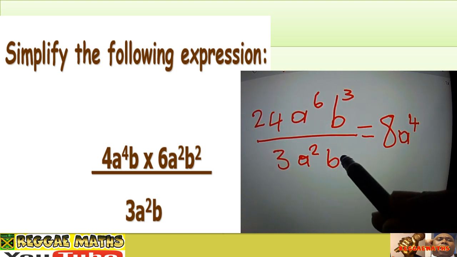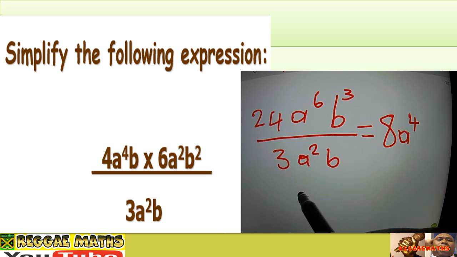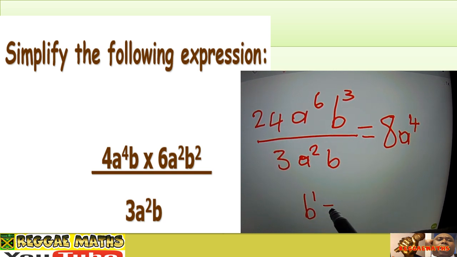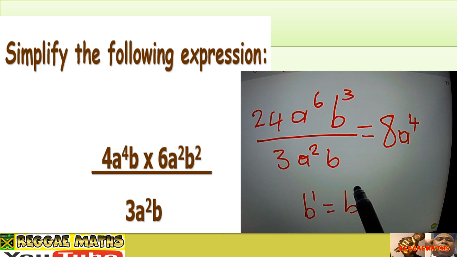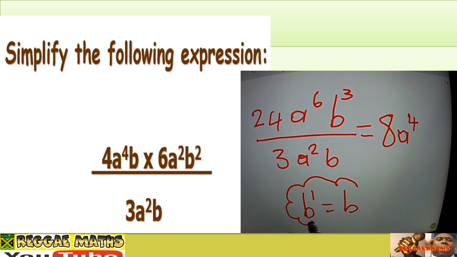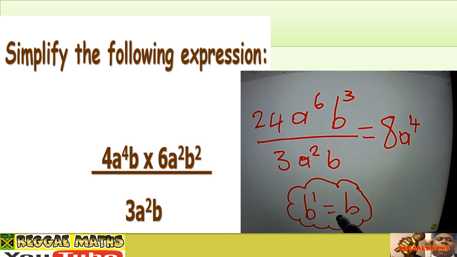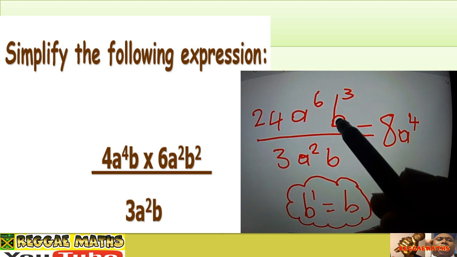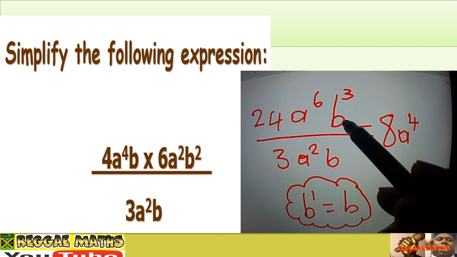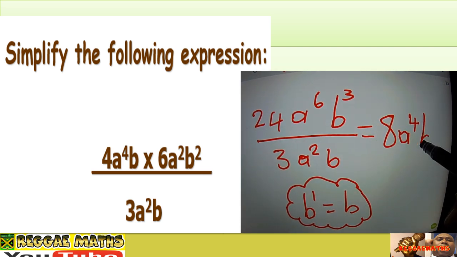And b, so when there is no number, remember b to the power 1 equals b. Because that's the mistake some students make here. So b to the power 1, when there's no number, it just means b. So b, taking away the power, so it's 1 from 3, that's b squared.